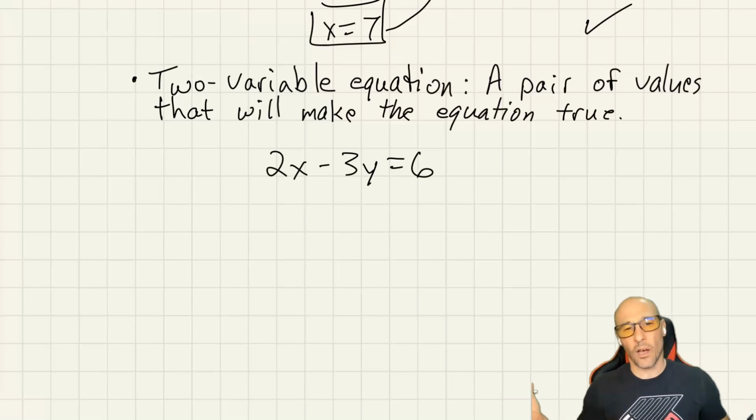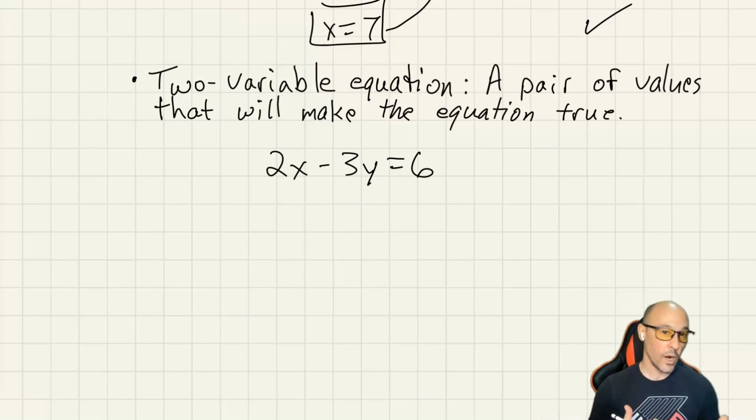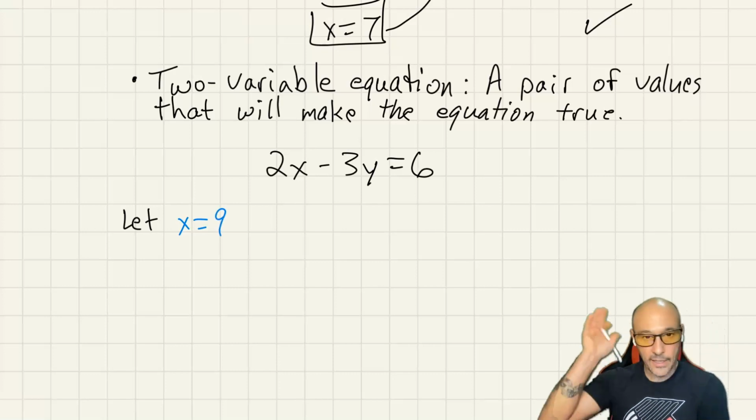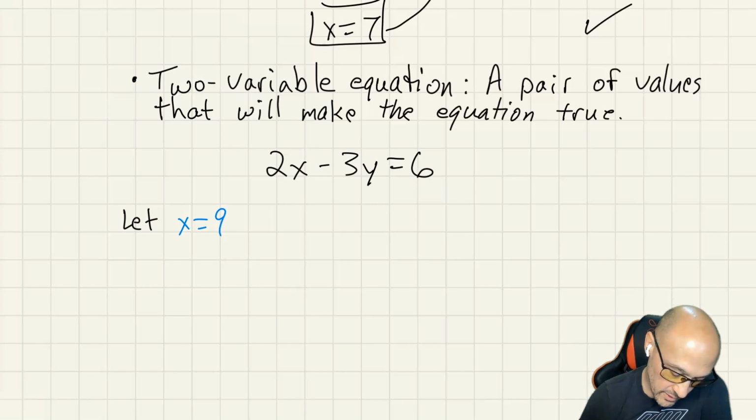Okay, now how would we solve something like this? Well, we can't just solve. So I'm going to plug in a value for one of the variables, and we'll solve for the other variable. So I'm going to let x equal, I think 9 will work out nicely. So we're going to let x equal 9.